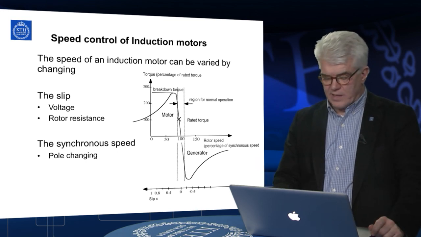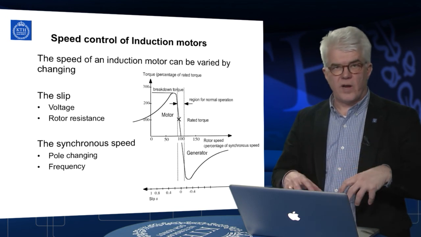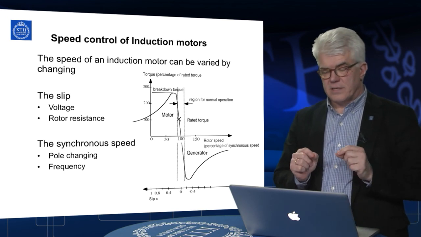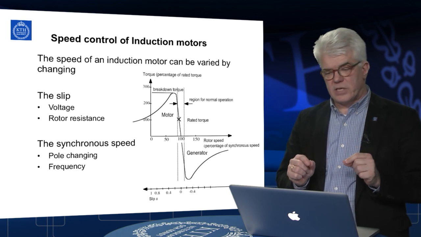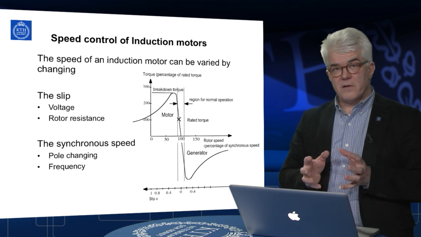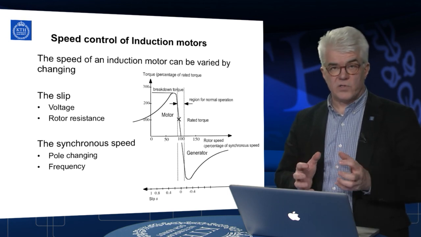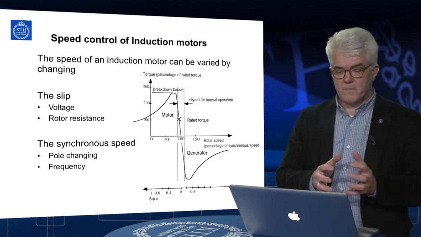That's a little bit of a historical aspect only. So the other option you have would be to change the frequency of the applied voltage. The stator voltage frequency changes the synchronous speed of the motor, and thus it can be used to control the speed of the rotor as well.